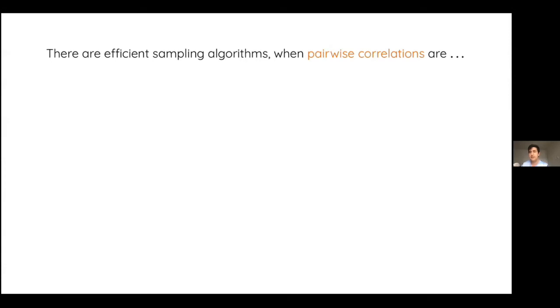So the main point in this framework is analyzing the correlations in your distribution. And it's been known for a very long time that correlations in a distribution are somehow connected to whether or not efficient sampling and efficient counting is possible. So there are many cases of this in the counting and sampling literature. So let me point out some.